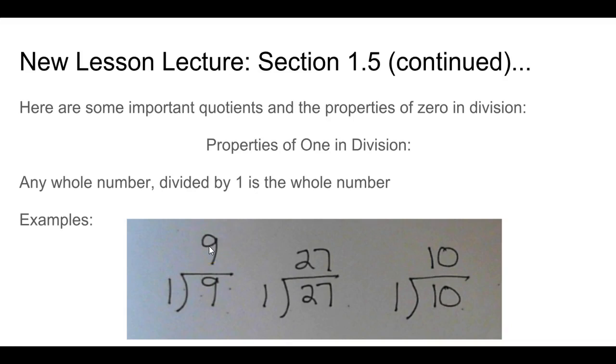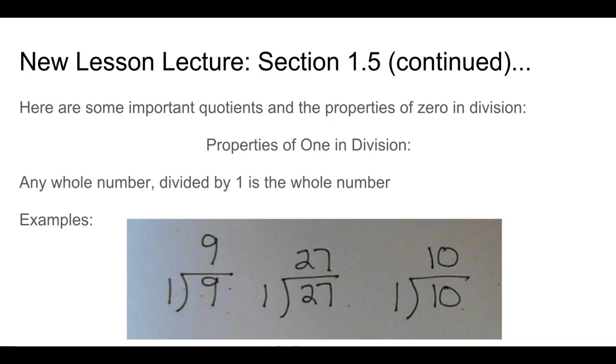And it doesn't matter what the number is. We're talking about whole numbers right now. So in that case, it doesn't matter what whole number it is, it'll always be itself. So 27 divided by 1 is 27. And same thing here, 10 divided by 1 is 10.